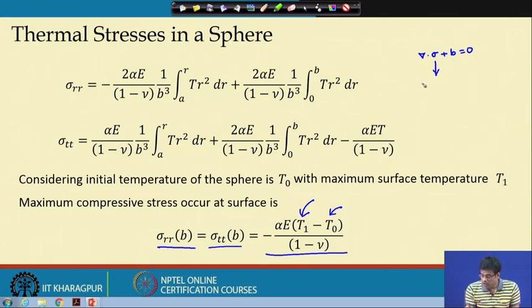So if I again write this, if my thermoelastic constitutive relation is this, where C is my constitutive matrix, epsilon is my total strain, and epsilon star is my thermal strain.